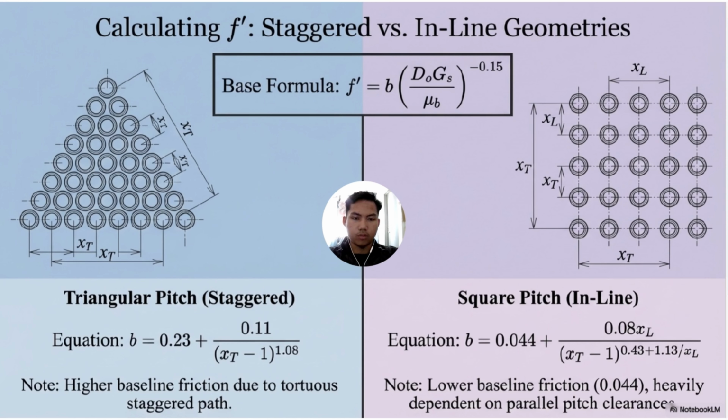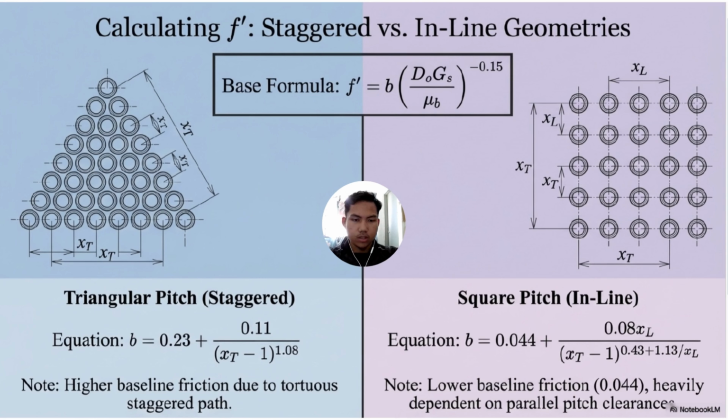But the coefficient b is highly dependent on the geometric layout. If the geometric layout is triangular pitch or staggered, you can use the equation on the left. Or, if the layout is a square pitch, we can use the right hand side formula.